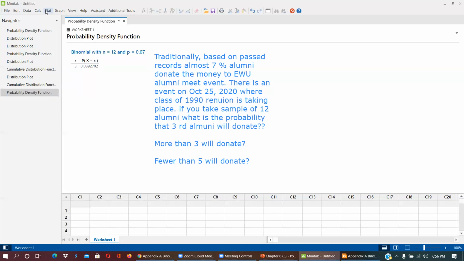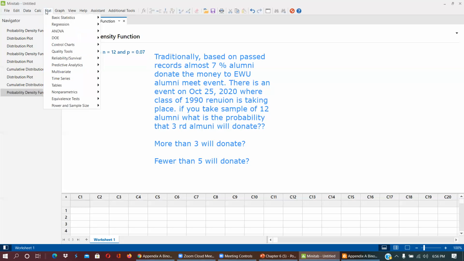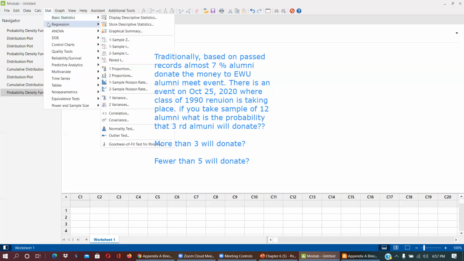More than 3 is a cumulative function. We would have to add the probabilities of 4, 5, 6, 7, 8, 9, 10, 11, 12. Otherwise, in the cumulative function, we can do up to 3 and then take more than 3.